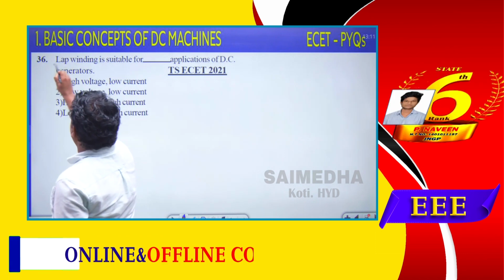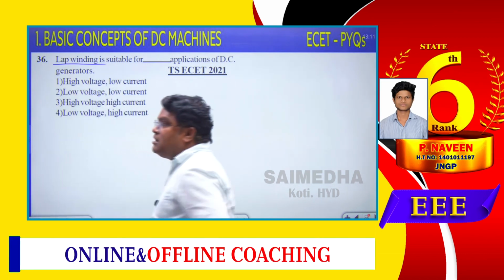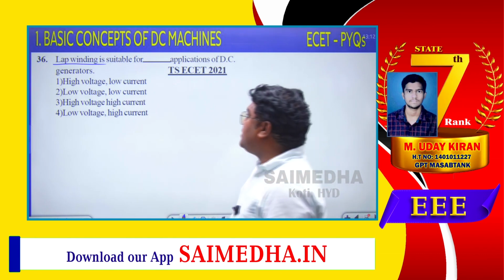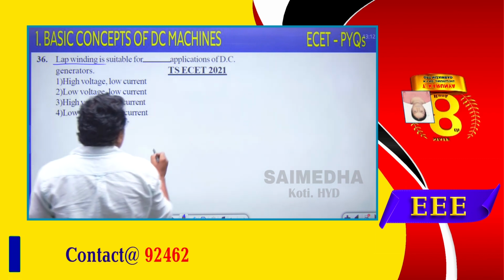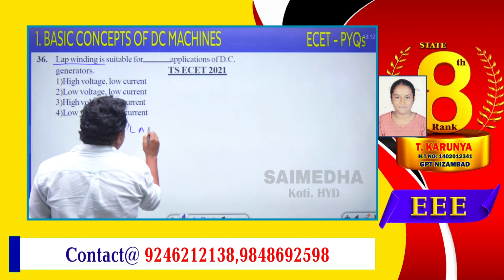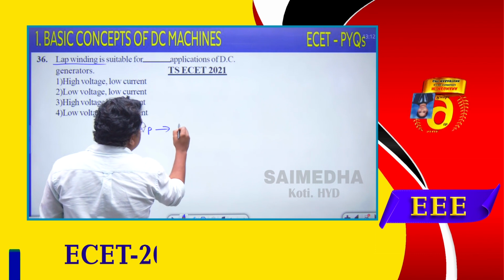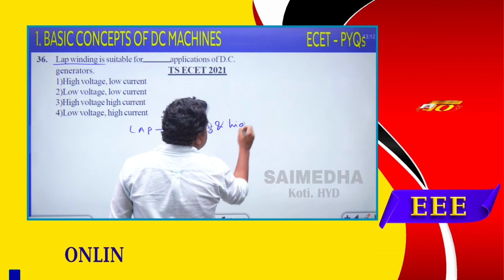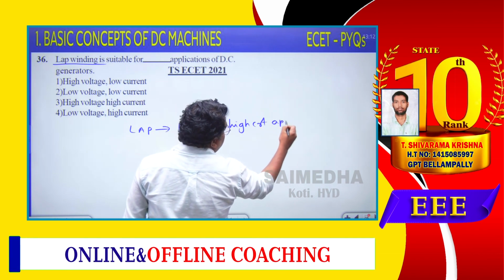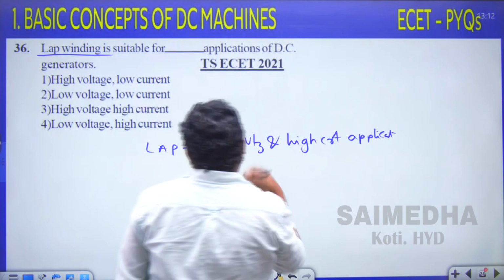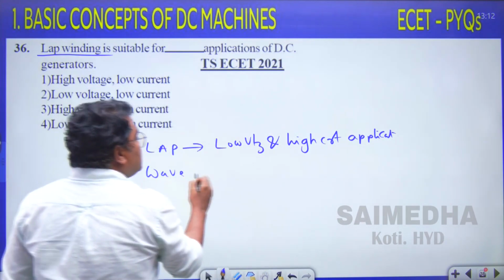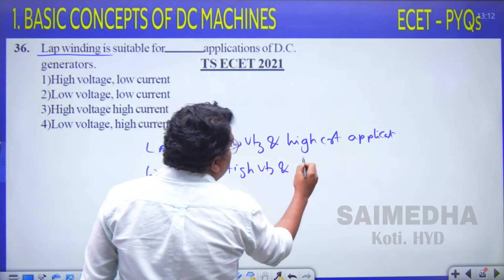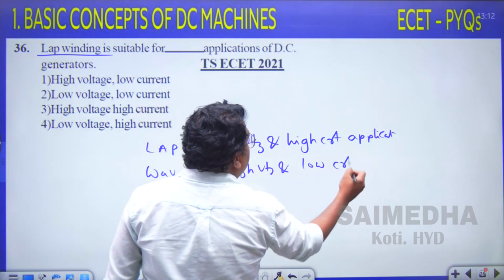Lap winding has more parallel paths compared to wave connected armature winding if poles are more than 2. Therefore lap winding is always used for low voltage and high current applications. But if the question is about wave winding, then wave winding is used for high voltage and low current applications.